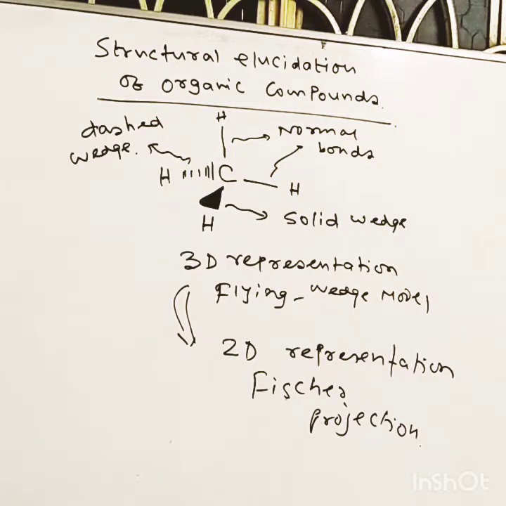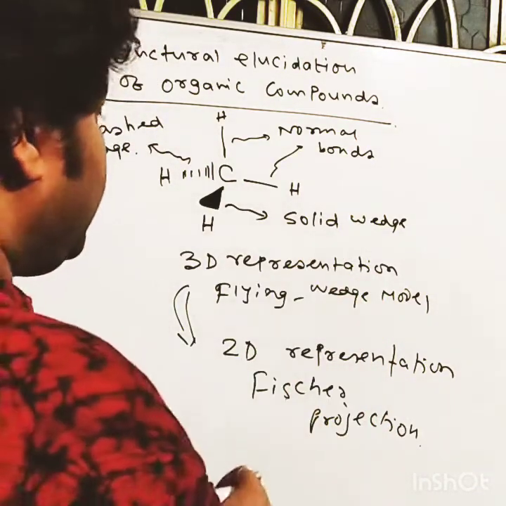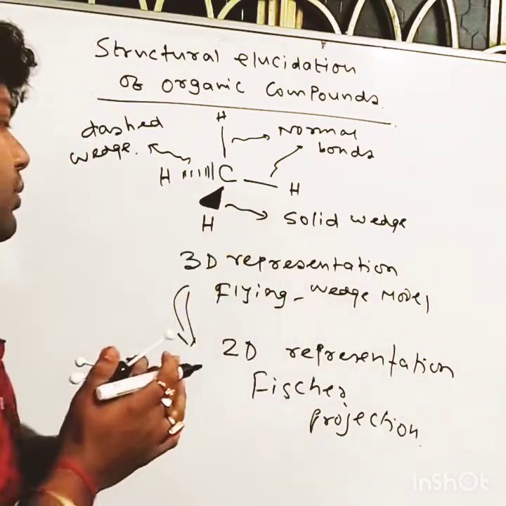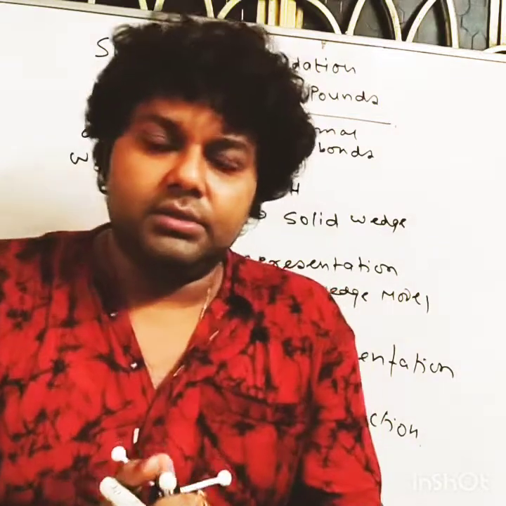So that is called the Fischer projection. I will come to that in this video itself, but let me be clear whether I have been able to make you understand about it.